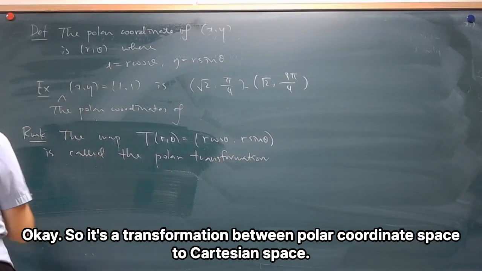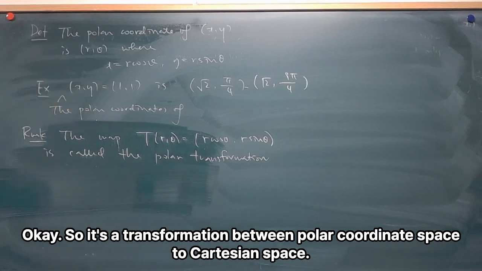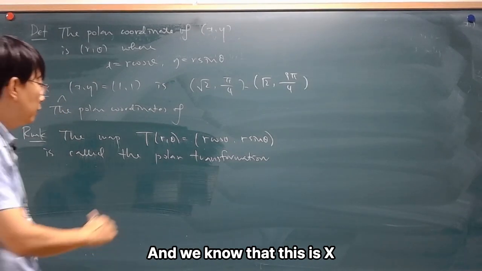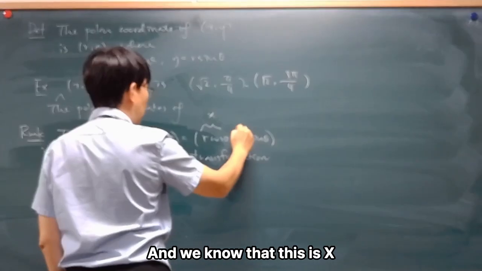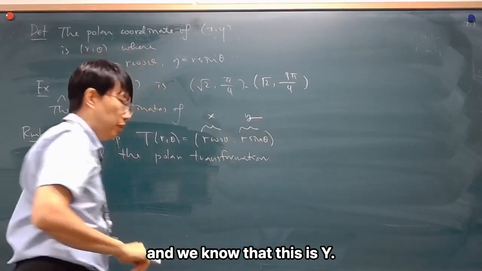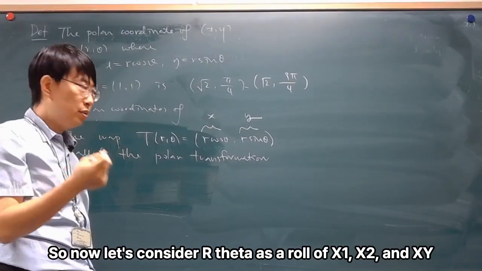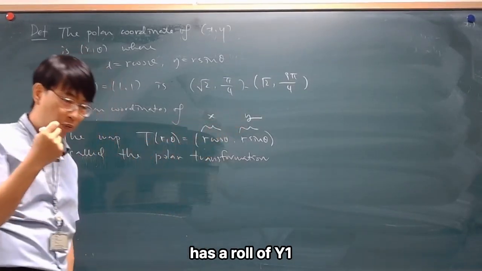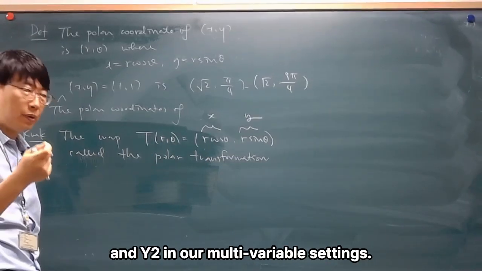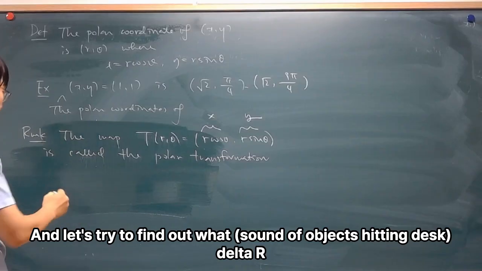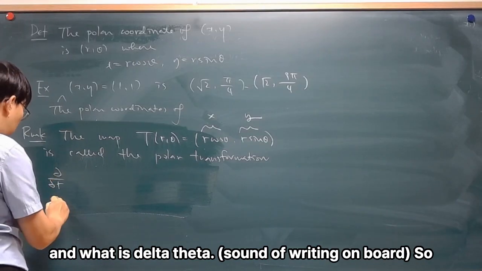It's a transformation from polar coordinate space to Cartesian space. We know that this is x, and we know that this is y. Now let's consider r, theta as the role of x1, x2, and x, y as the role of y1 and y2 in our multivariable setting. Let's try to find out what delta r and delta theta are.